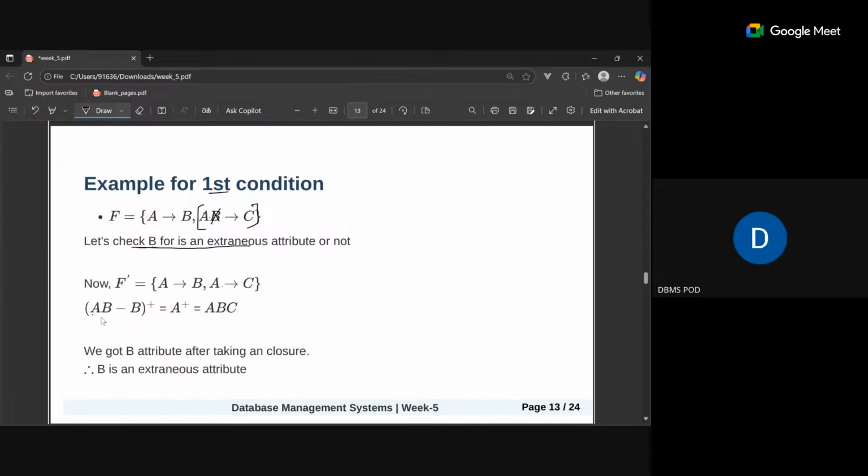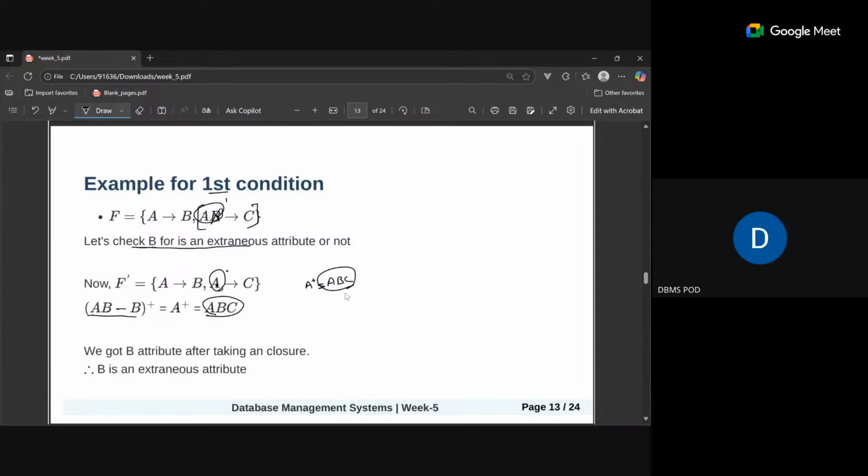If I write as per the condition, it will be like this. You just subtract it and write it. Now you take the closure of A after removing. After taking the closure, you will get ABC, because A determines B, and A also determines C. Once you've taken the closure, you look at the attributes on the right side.